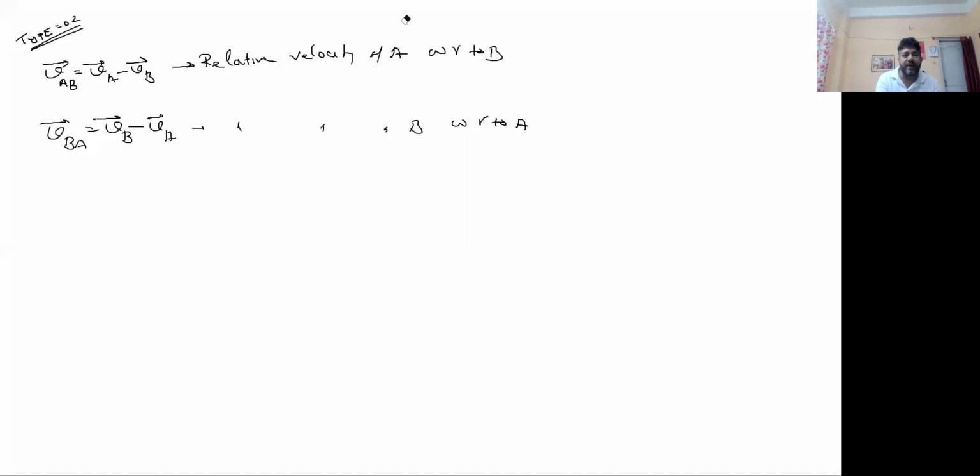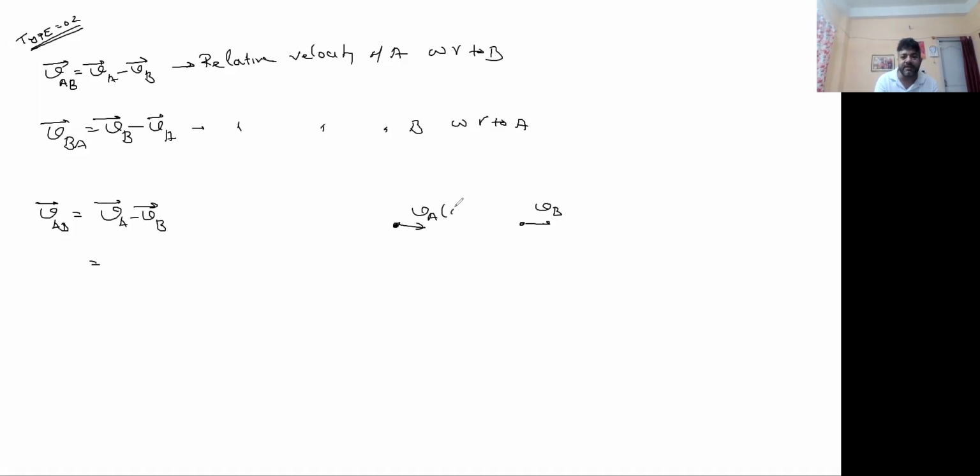Now, basically see what happened. Suppose we want to write the relative velocity of A with respect to B. My basic idea is always VA minus VB. Is it okay, everyone? Now suppose A is moving in this direction and B is moving in the same direction, so both velocities are positive.